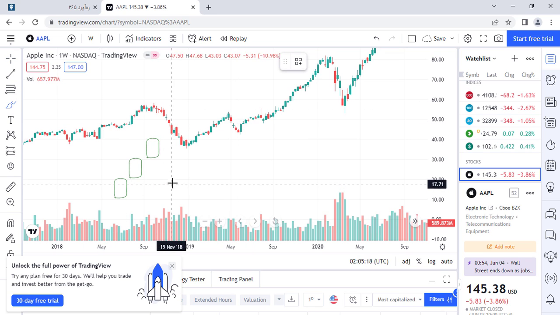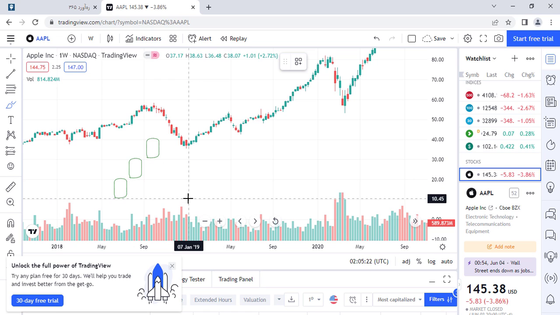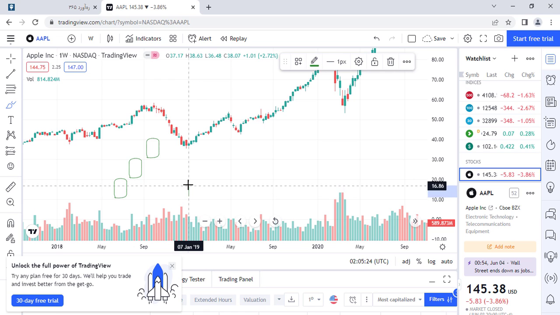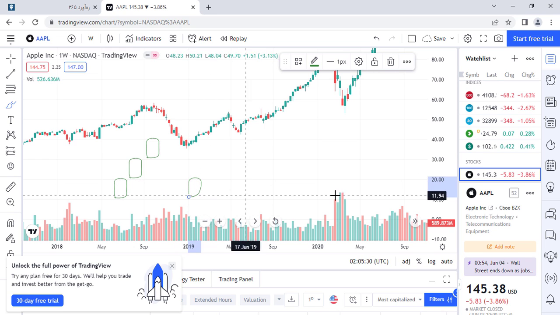In logarithmic scale, when the price starts from $10 to $20, the price has increased $10.